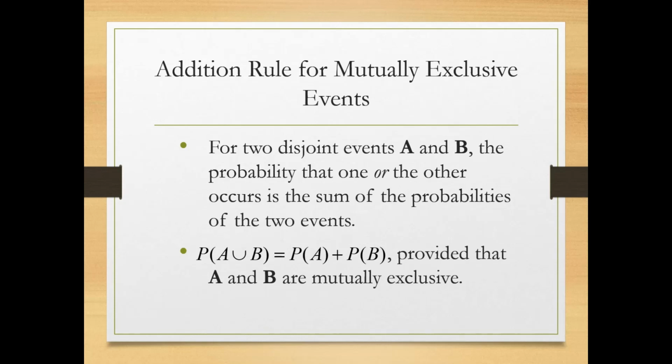And no, don't think, well, it could land on its side. This is not the Twilight Zone. So this is the formula for the addition rule, so long as A and B are mutually exclusive. If they're not, we will have to do one other little step to make that work.